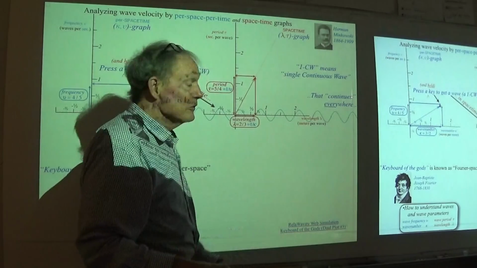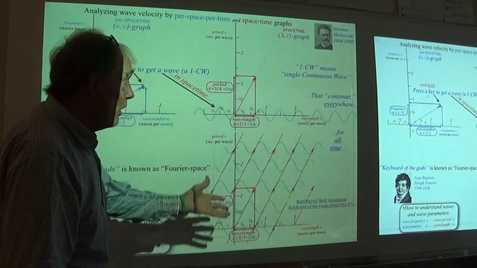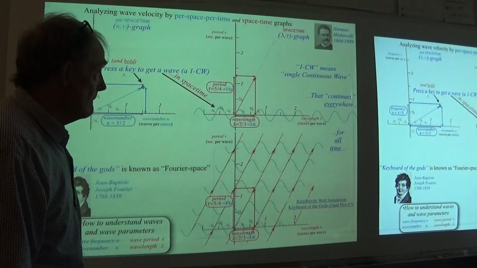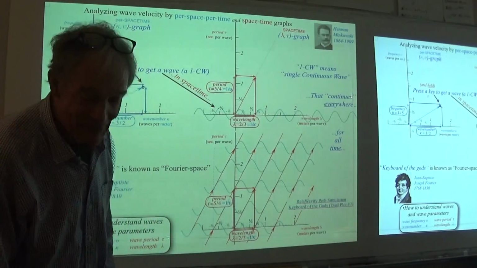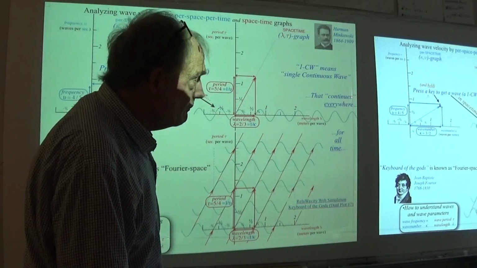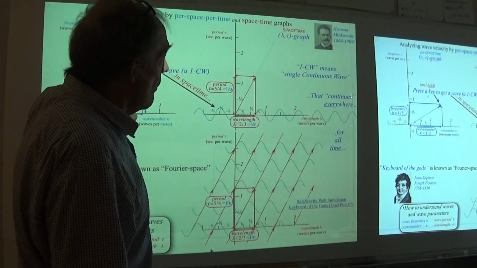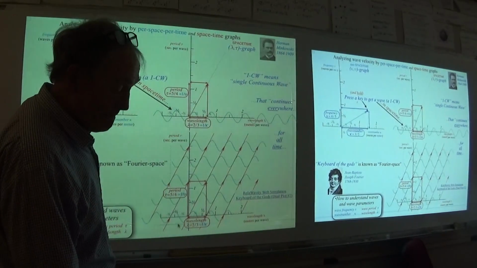And the idea is that it continues not just everywhere, but for all time. Okay, forwards and backwards. So we're talking about visualizing what one point on this graph makes over in space-time.